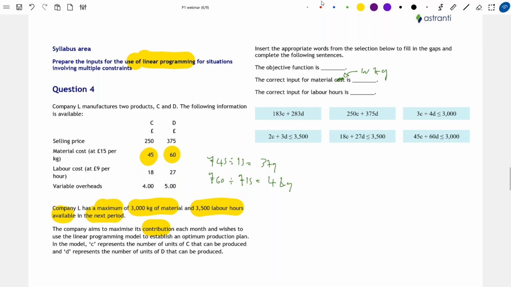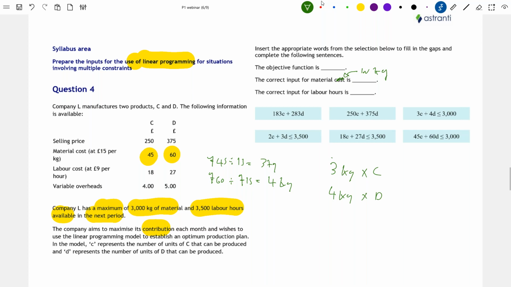So in terms of our linear programming inputs, we need to talk about what inputs are possible given this constraint on available material. Given that each unit of C requires 3 kilograms, then 3 kilograms multiplied by the units of C is equal to the amount of material dedicated to producing C only. And the same logic applies for D. 4 kilograms multiplied by D is the quantity for producing D.